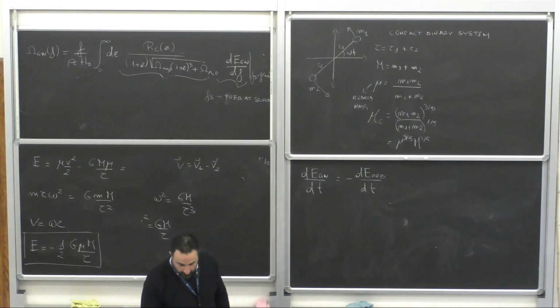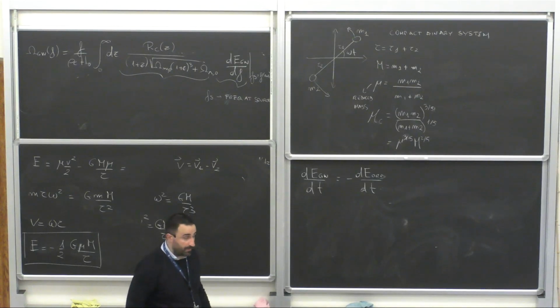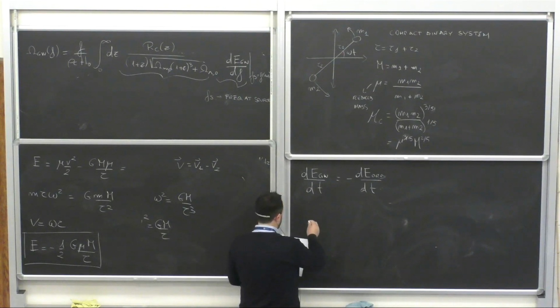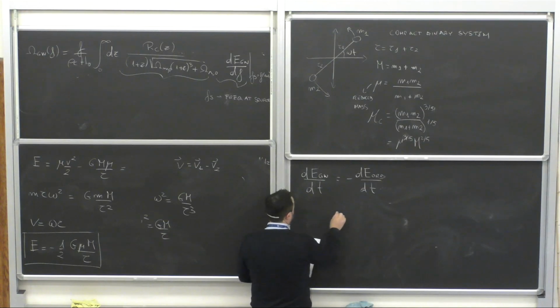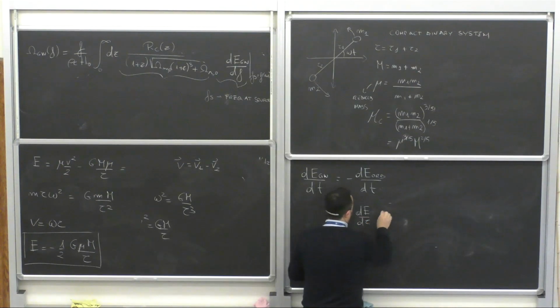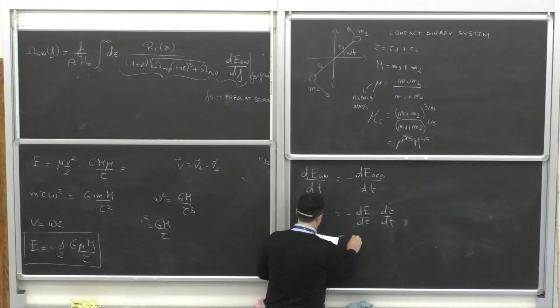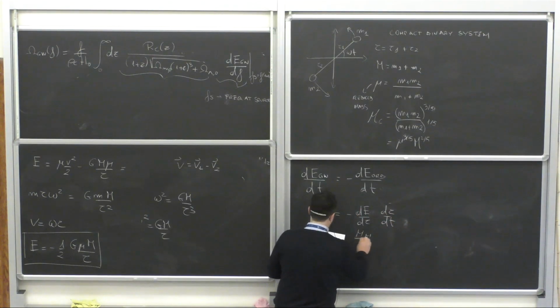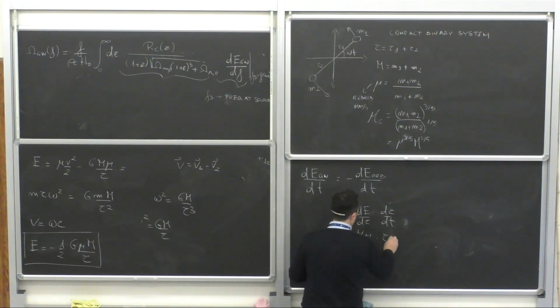So if you assume this simple relation, the conservation of energy, what you have here you can rewrite in a different way. So this is dE over dr times dr over dt. So this is mu over r squared times r dot.